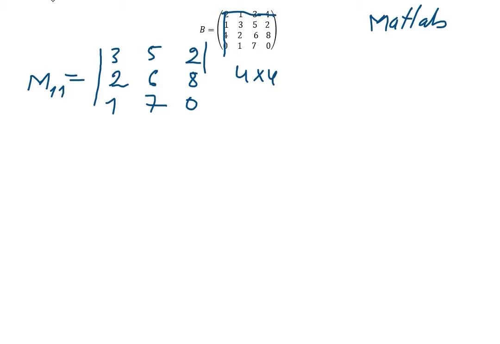This determinant is equal to, using the method that we saw in the previous lecture, we write these two columns here. So it will be 3, 2, 1, and the second column here is 5, 6, 7. Then take these entries here and these ones here.